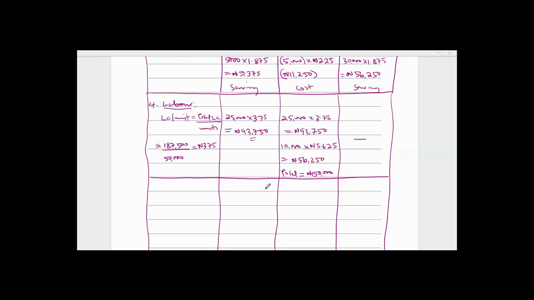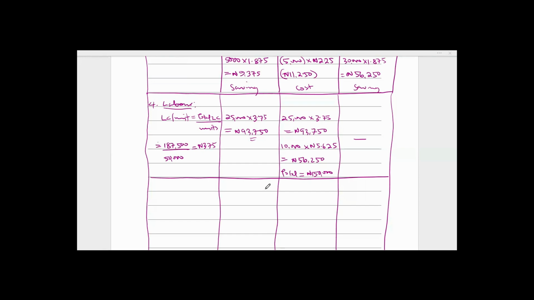So there are about two or three pieces of information that we need to treat in this scenario number 4. First thing first, the examiner has told us that included in the variable overhead is the depreciation of the only machinery used in the department. So when you look at the question in the table, you are given variable overhead of 150,000 naira.